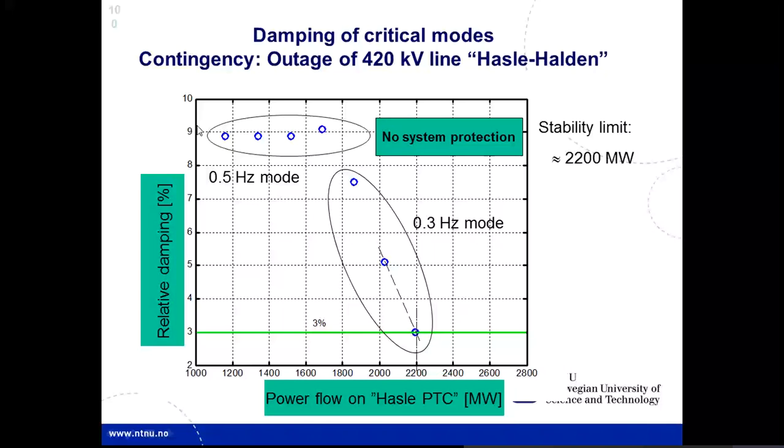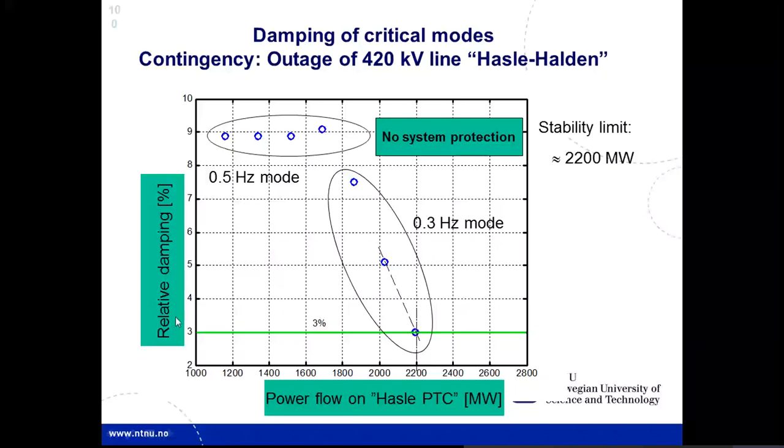But if we increase the amount of the power flow in this line, which is of 420 kV, with the increase in the amount of the power flow, you will observe the modes of 0.3 hertz, and they will be of very poor damping factor. So what happens here?